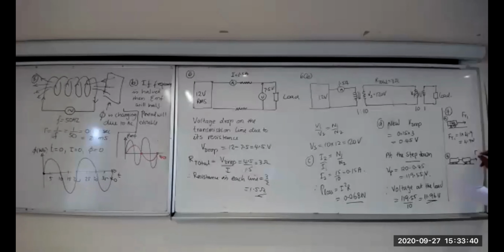Trying to find FT2. It's 1 kilogram, 2 kilogram. .7 times.